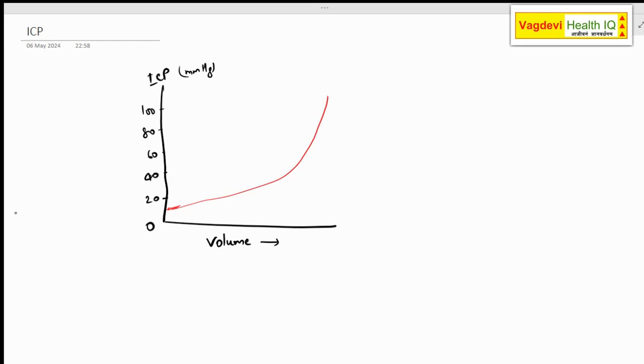Suppose the expanding mass we were discussing earlier, so any kind of expanding mass within the skull will initially maintain a normal ICP.